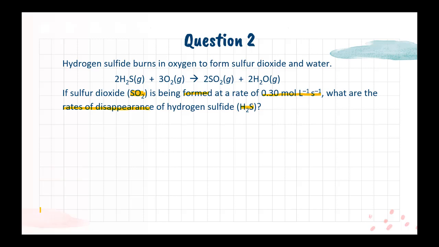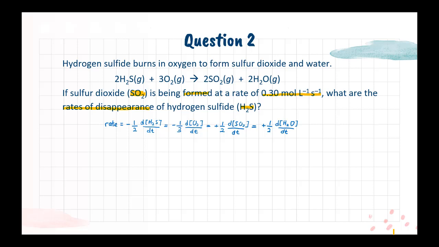First of all, we need to come up with the differential rate equation. Here is your differential rate equation. But in the question, you are given the rate of formation for sulfur dioxide.